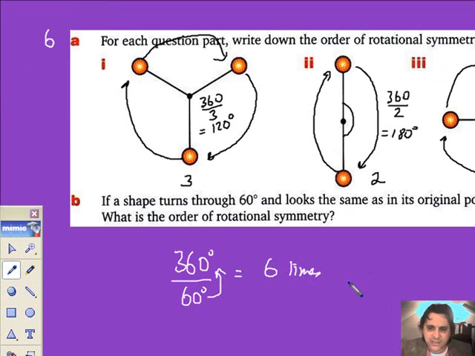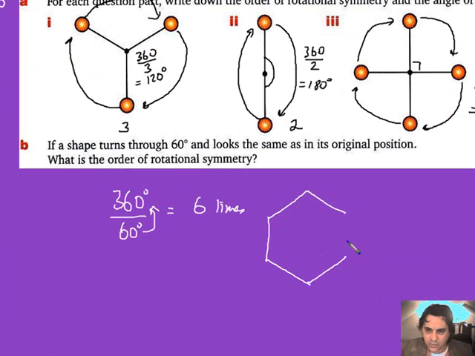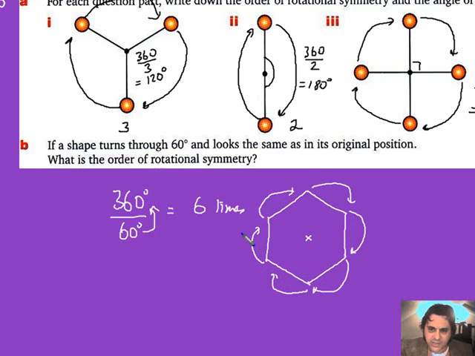Therefore, we've got ourselves a hexagon. Look at this. 1, 2, 3, 4, 5, 6. And this is a freehand drawing. So imagine I'm going to put a little cross there. So let's have a look. That will go there. 1, 2, 3, 4. Oops, missed that one. 5, and that will go to there. 6.